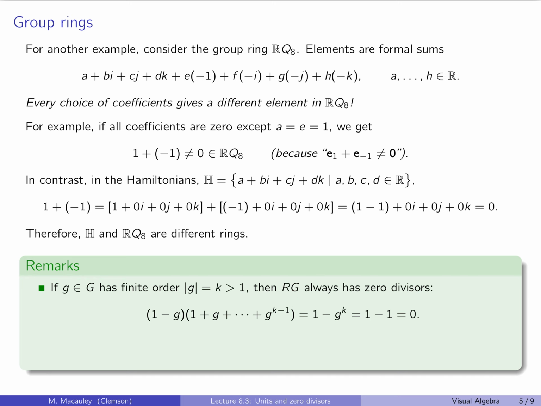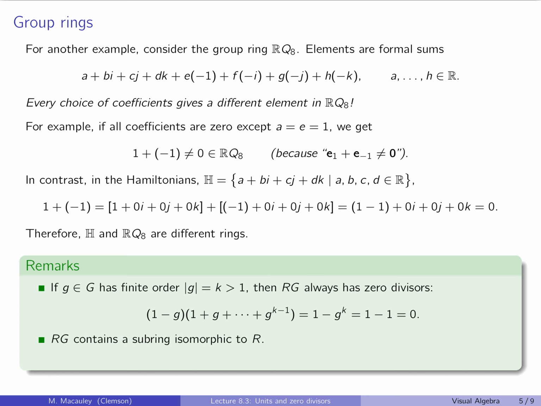For example, the product 1 minus g times 1 plus g plus g squared plus ... plus g to the k minus 1, you multiply this out, it telescopes, so you get 1 minus g to the k. And if g has order k, that's just equal to 1 minus 1, which is 0. So this group ring, RQ8, has zero divisors. The Hamiltonians, we know, does not have non-zero zero divisors.